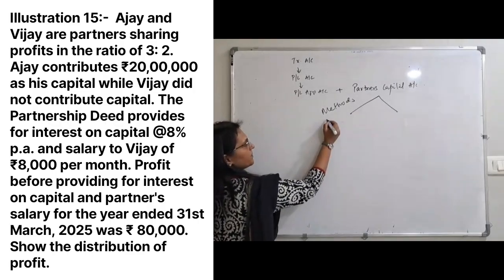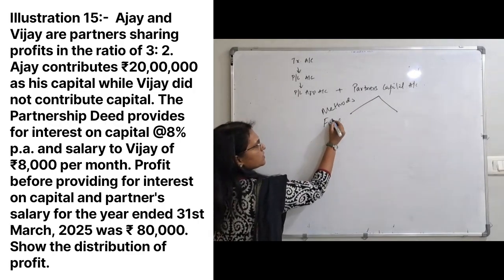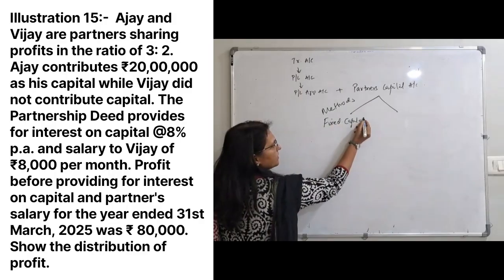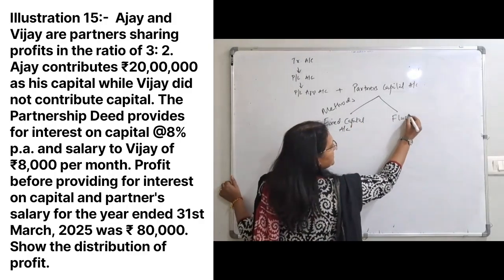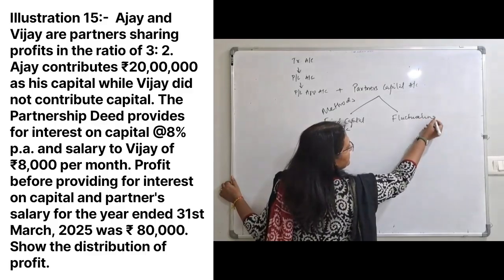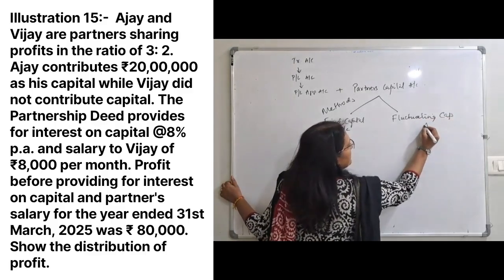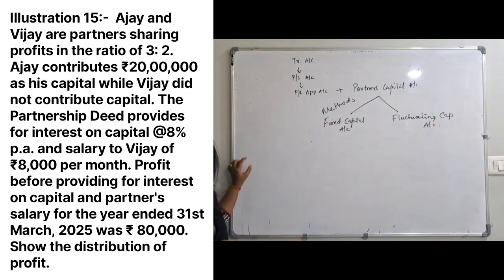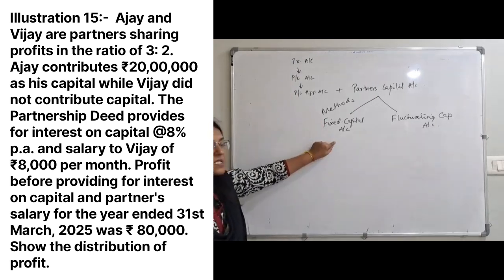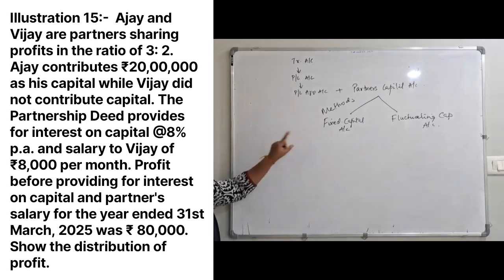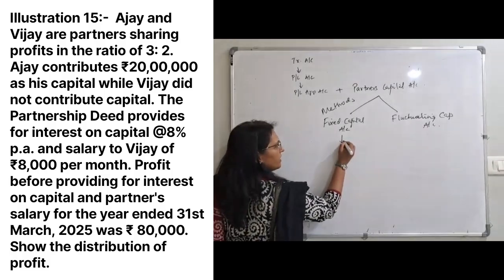First is the fixed capital account. Second one is the fluctuating capital account. First come first, we will do this. How is the fixed capital account to be shown? Under the fixed capital account, let me tell you first the difference. Under the fixed capital account, there will be 2 accounts.